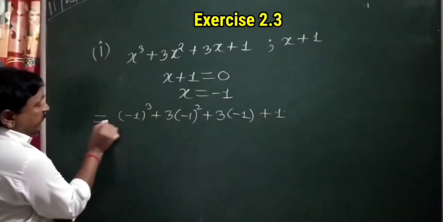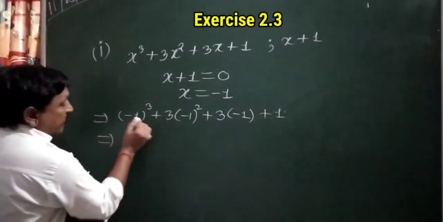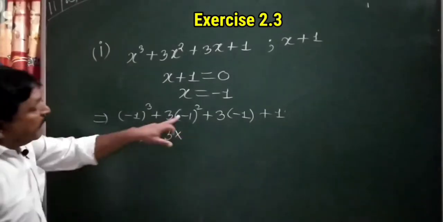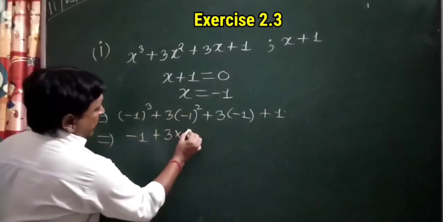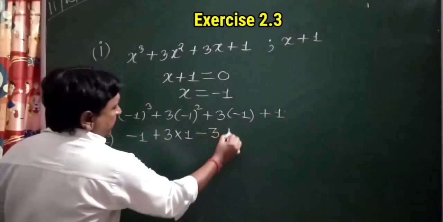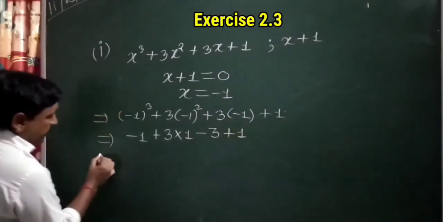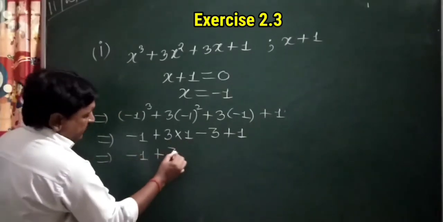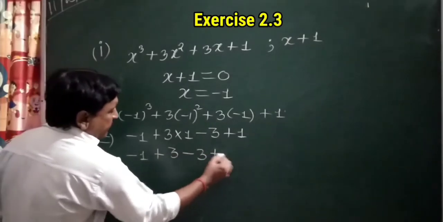Now solve it. Minus 1 cube is minus 1, plus 3 into 1, plus minus 3, plus 1. Minus 1 plus 3 minus 3 plus 1.